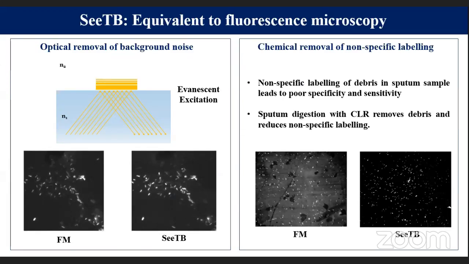This is the result observed using the fluorescence microscope, and we have used our SeeTB system, which consists of the thinning reagent as well as the illumination device, and there is no change in the result. In fact, if you notice here, some of the bacilli are better visible due to the high signal to noise ratio, which was earlier not very good.